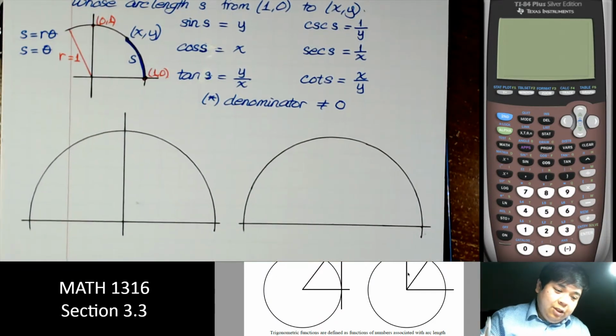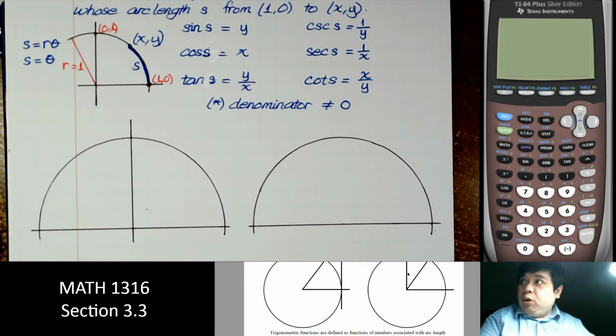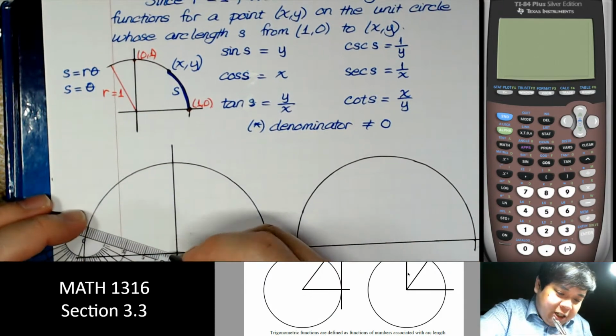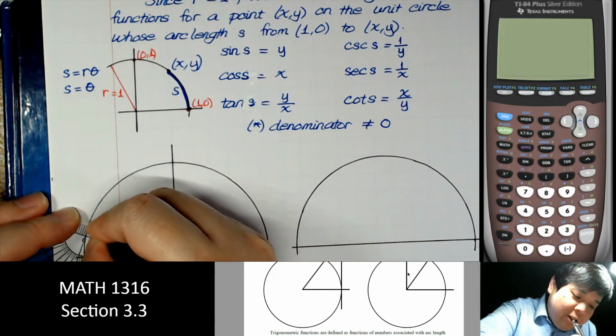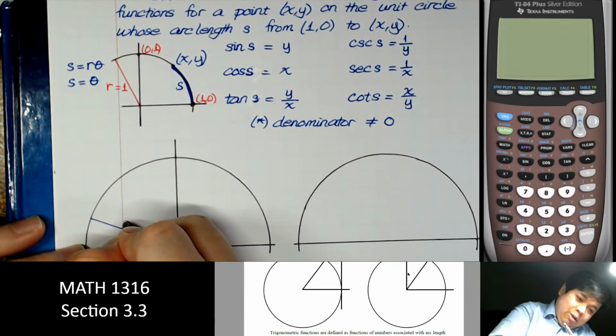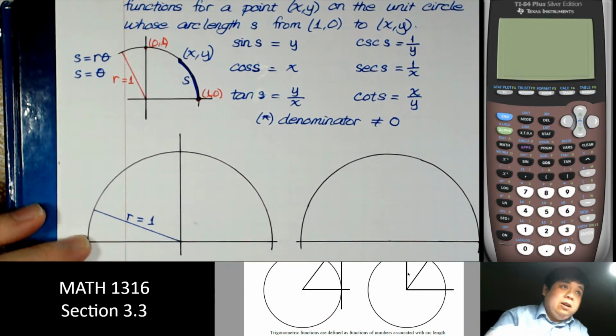Now, again, this is the unit circle, so the radius is always 1. So the radius is equal to 1.